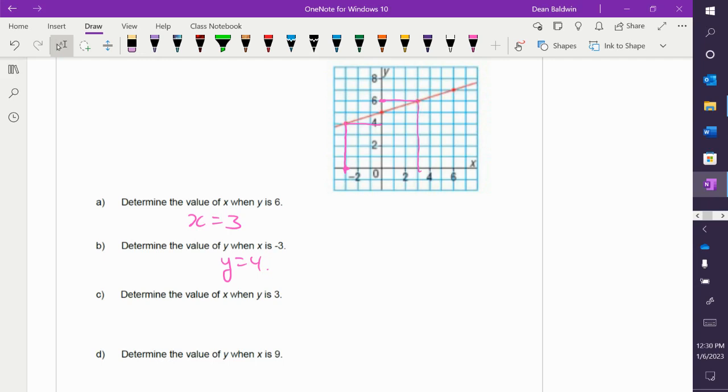Determine the value of x when y is equal to 3. So now I'm giving you y. So there's y is equal to 3. So what's it going to be? -6?